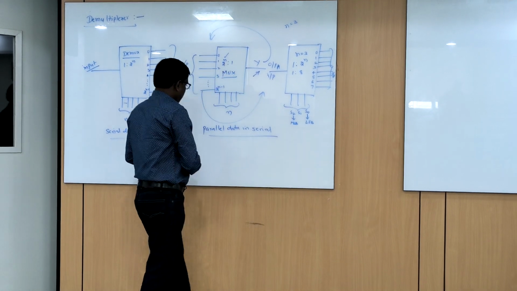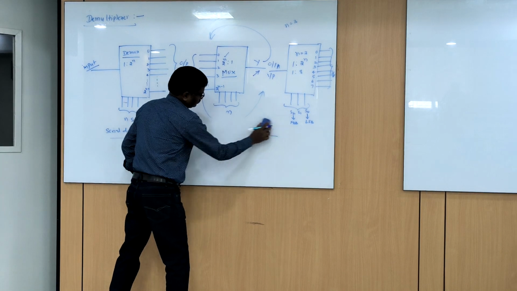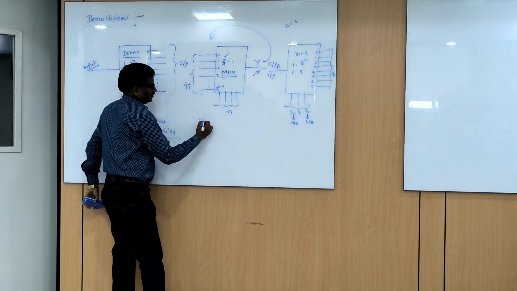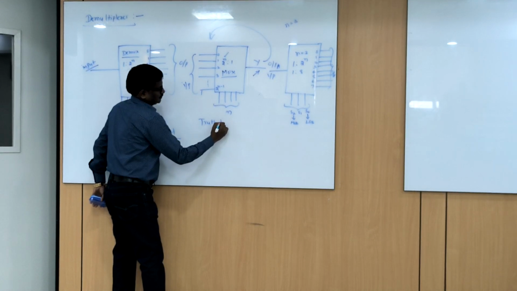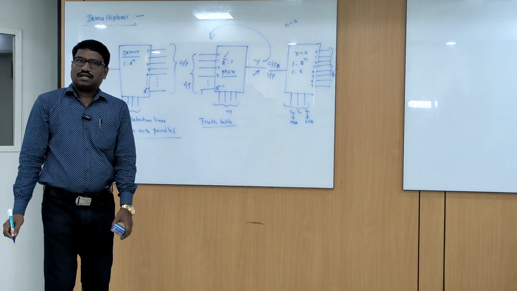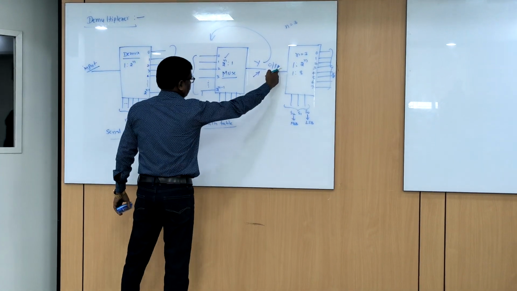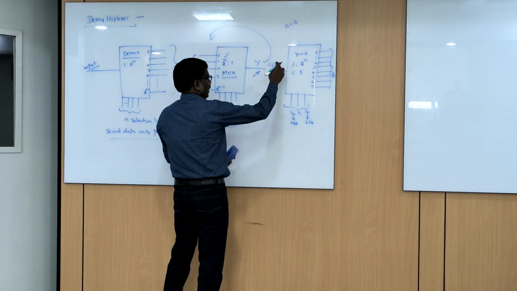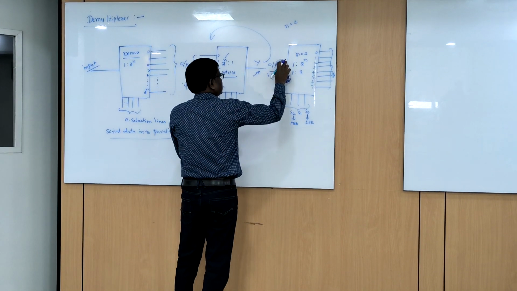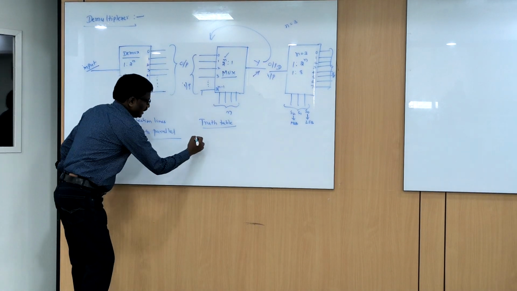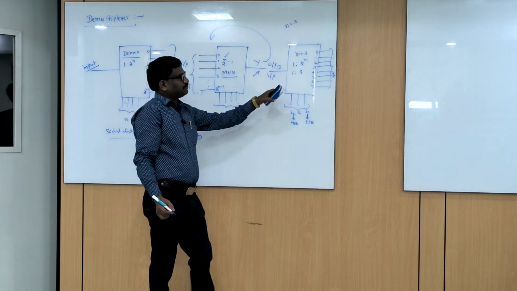Now how to write the truth table? Inputs versus outputs. How many inputs do we have? One input. I can call this the data line or A, whatever it may be, but generally we use D, the data line. Is there an enable input?